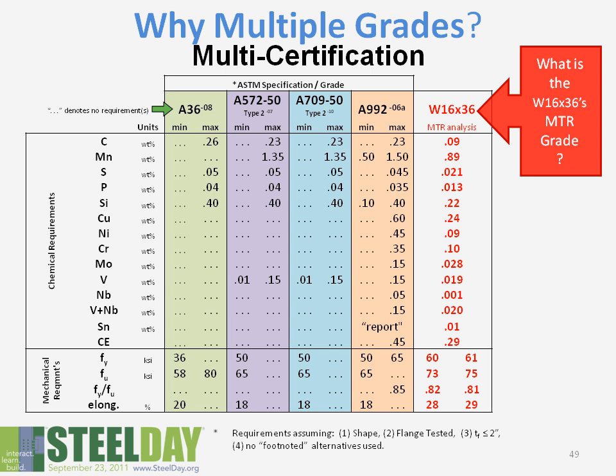But if we compare our hypothetical W16 by 36 and the MTR analysis versus the requirements for A36, we see that it does meet the limited chemical requirements. We see that it does meet the physical property requirements, including meeting the range for tensile strength. So does that W16 by 36 meet A36?